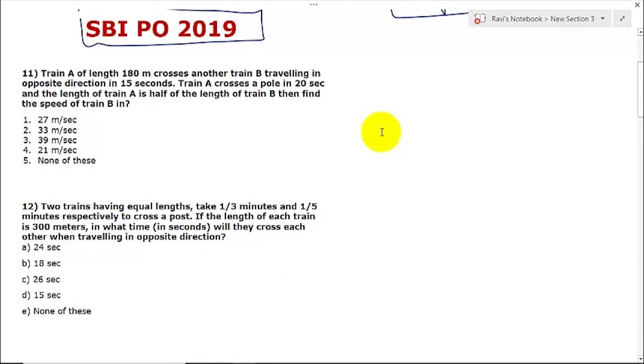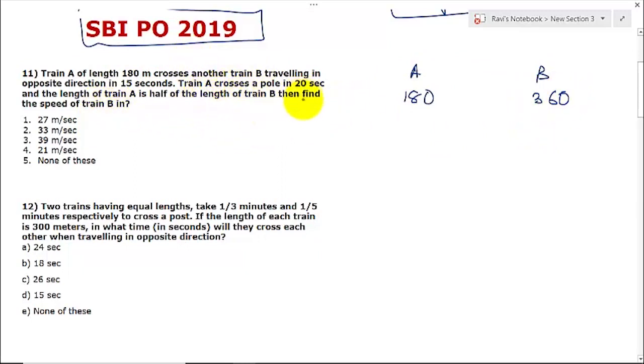So what is the first question? Train A of length 180 meter crosses another train B traveling in opposite directions in 15 seconds. Train A crosses a pole in 20 seconds and the length of train A is half of the length of train B. Find the speed of train B. The length of A is 180, and A is half of the length of B, so length of B will be 360.